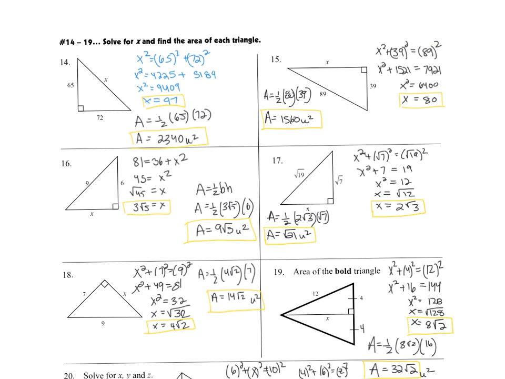Then we're going to use that. If x is 80 here, then for the area we're going to do 1/2 the base times the height. So that's going to be 1/2 of 39 times 80, and that's going to give us 1,560 units squared.